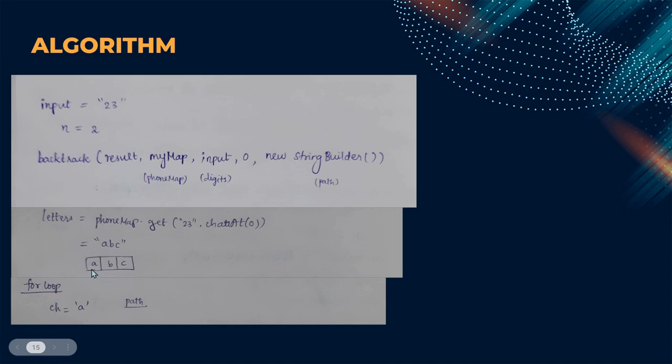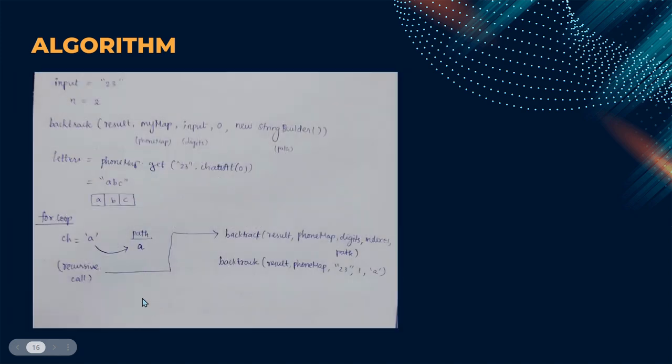The for loop takes the first character and stores it in the ch variable, and this is now added to the path. Once it is added to the path, a recursive call is made to the function backtrack by changing the index value to index plus 1, and path is going to be the intermediate path that is generated in this particular call.